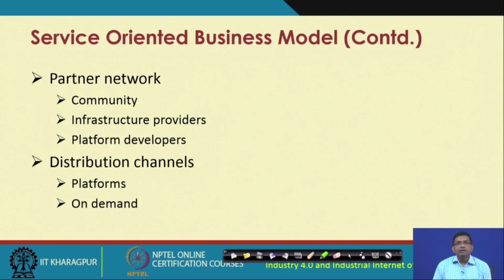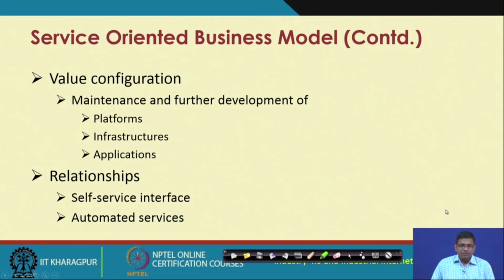So, the community, the infrastructure providers, the platform developers, these are the different people that join hands in the partner network, and the distribution channels on demand or the different platforms that are used. So, these are also different important considerations in the service oriented business model.